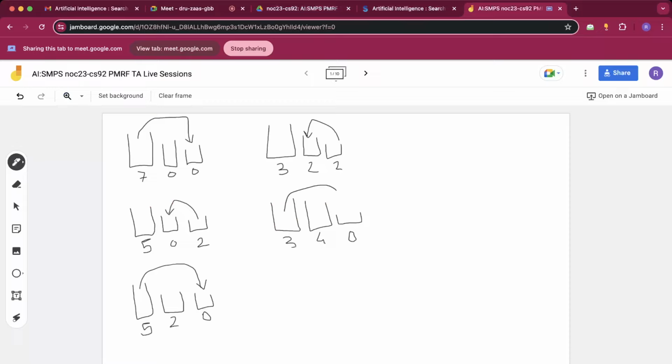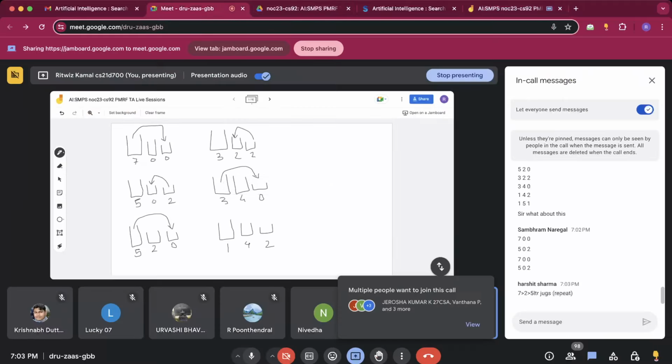So we again do this. So this will be 4, this will be 2, and this will be 1. Now can anyone tell me what should be the last step for us to reach 151?